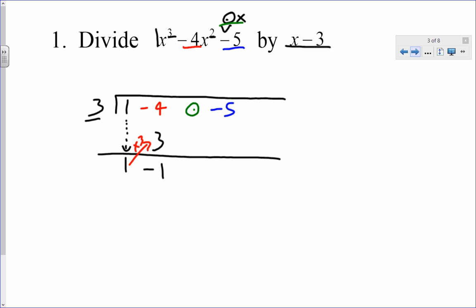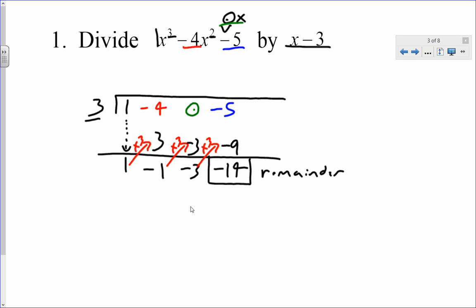Then, again, I'm going to multiply -1 by 3, and I'm going to get -3. Add down. 0 plus -3 is -3. Again, I'm going to multiply this by 3. -3 times 3 is -9. -5 plus -9 is -14. This is my remainder.